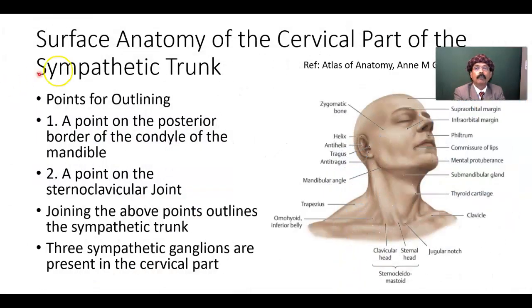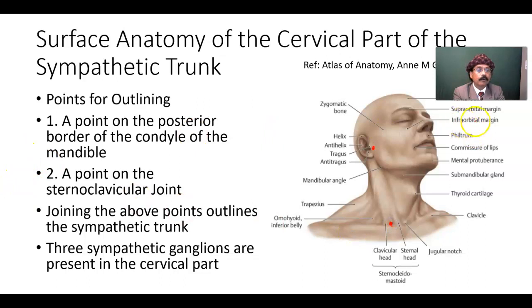Okay. Now we'll draw the surface anatomy of the cervical part of the sympathetic trunk. Points for outlining. Number 1, a point on the posterior border of the condyle of the mandible. Suppose this is the area here. Second point on the sternoclavicular joint. The point is here.